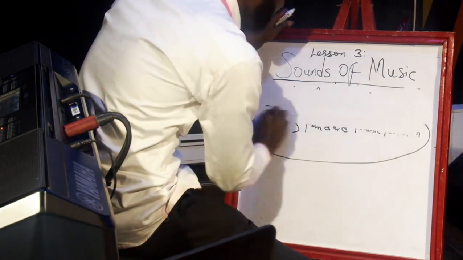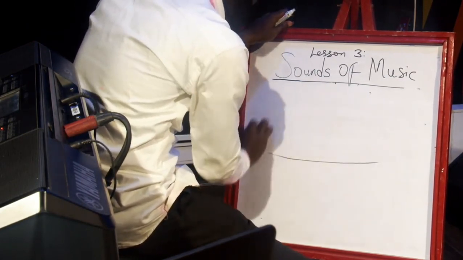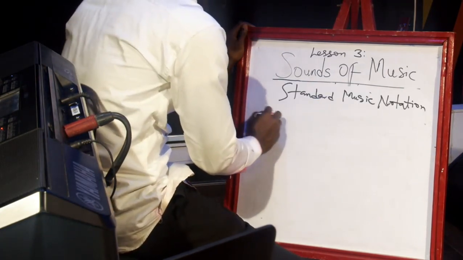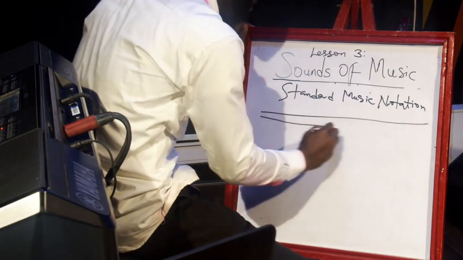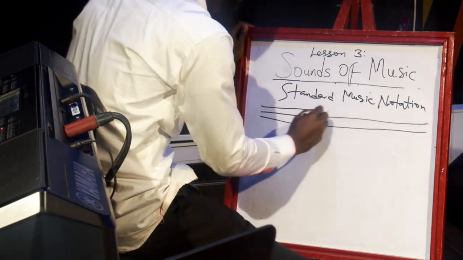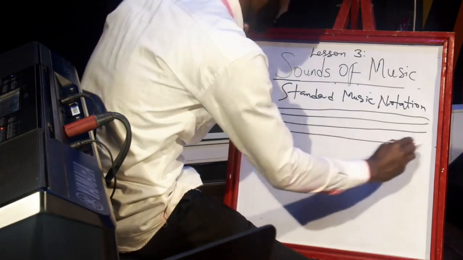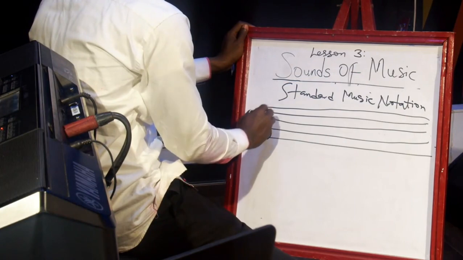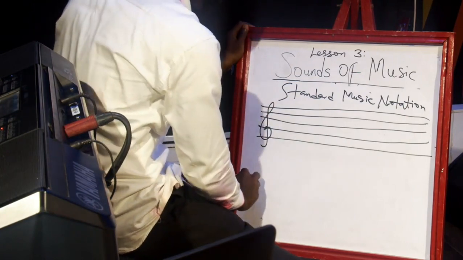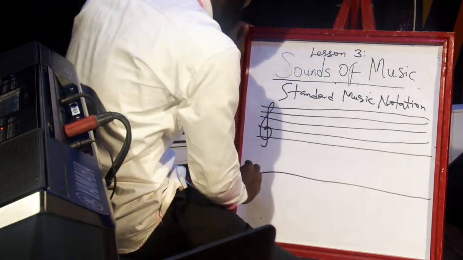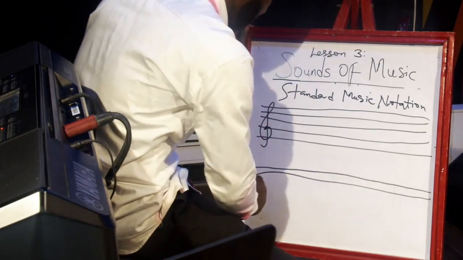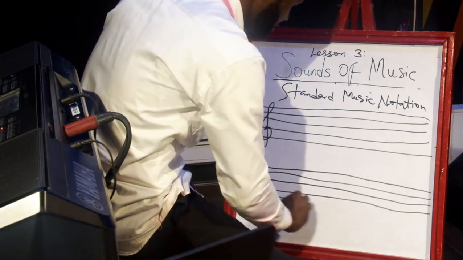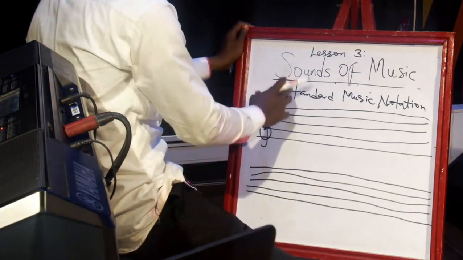In the standard music notation, you have what we call the treble clef and the bass clef. Treble clef like this. We have 5 lines and 4 spaces. This is a treble clef. And we have here the bass clef. Now this is the standard music notation. And remember, the sounds of music is what?